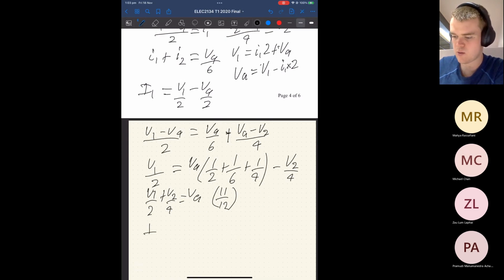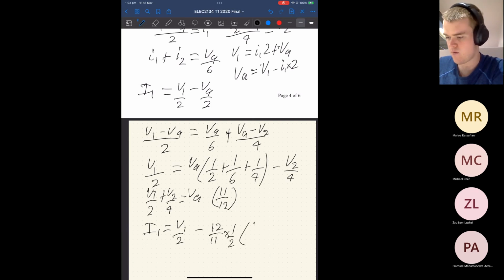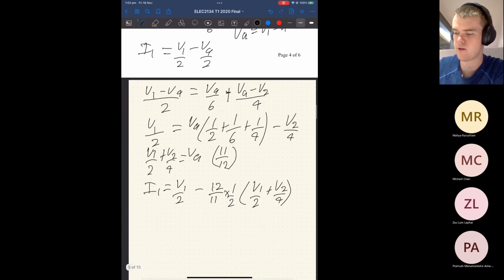And so therefore we can go back to I1 is equal to V1 on 2 minus, now instead of VA, we're going to replace that with 12 on 11 times (V1 on 2 plus V2 on 4) times 1/2.